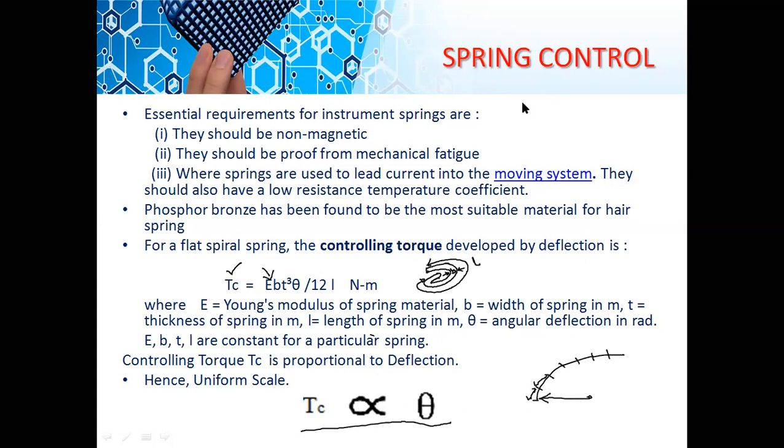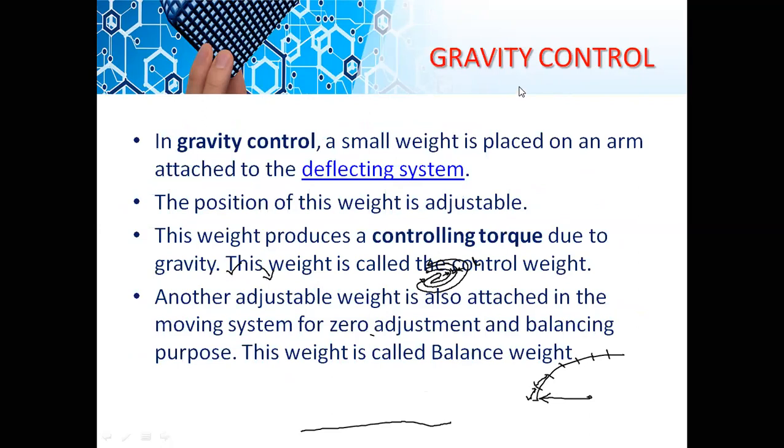Now we'll go for a gravity control measuring instrument. In a gravity control, a small weight is placed on an arm attached to the deflecting system.